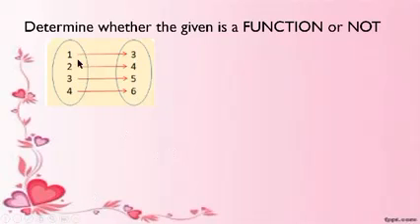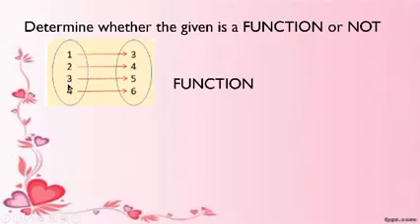Ayan, through mapping siya. Okay? Is it a function or not? The given is a function because 1 ay para kay 3, 2 is para kay 4, 3 is para kay 5, and 4 ay para kay 6.